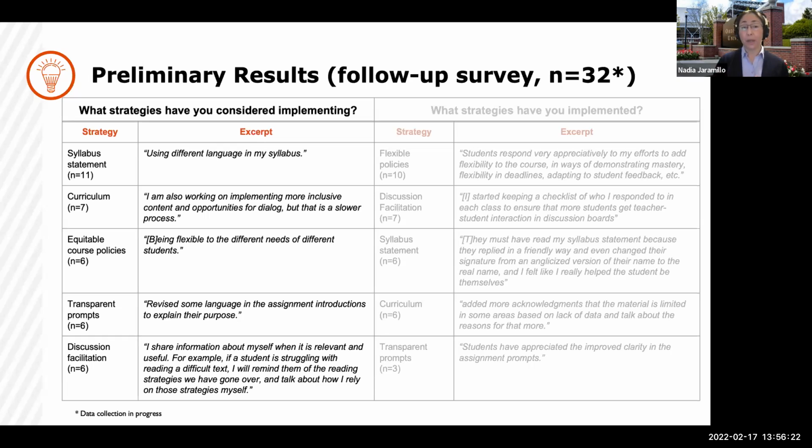On the left side of the screen, you will see listed all the strategies and a few excerpts of the answers that faculty provided to the first question. What strategies have you considered implementing?